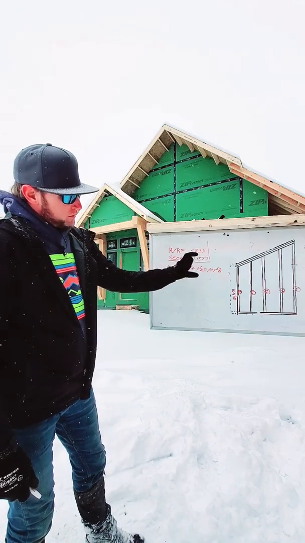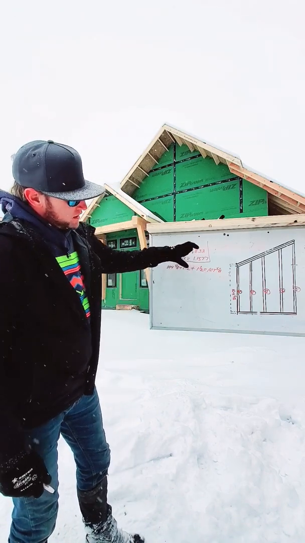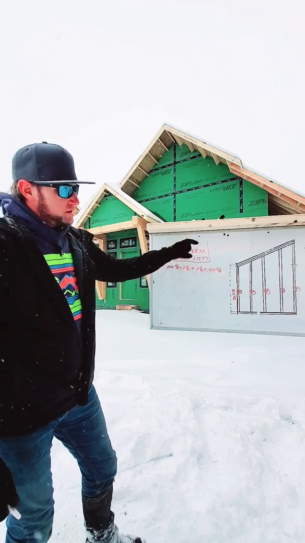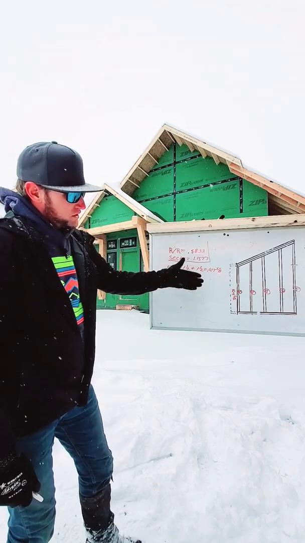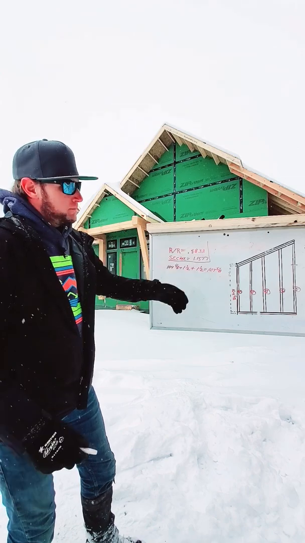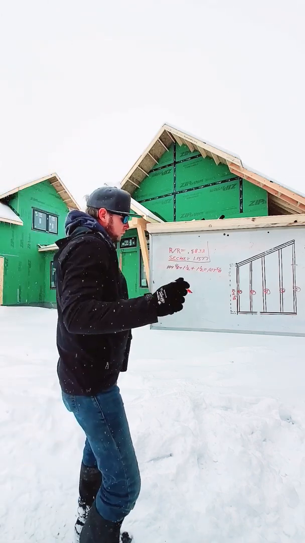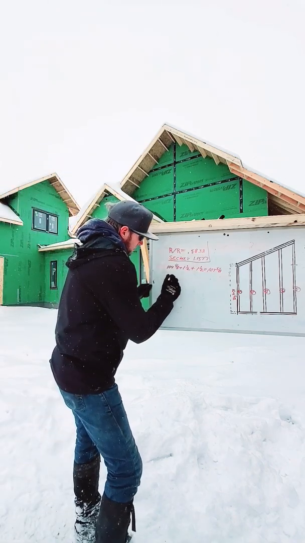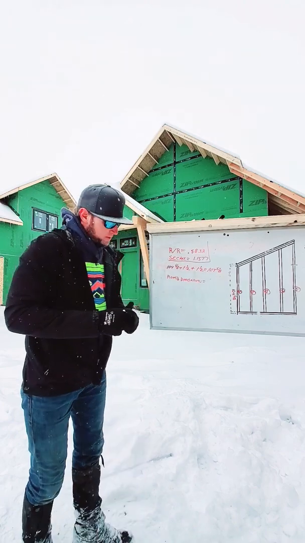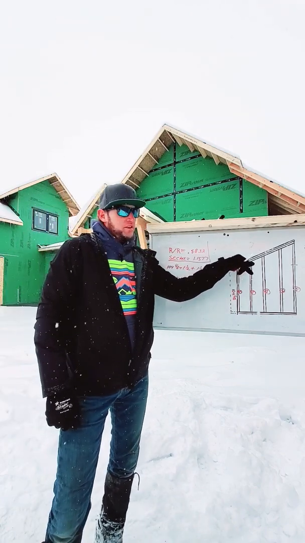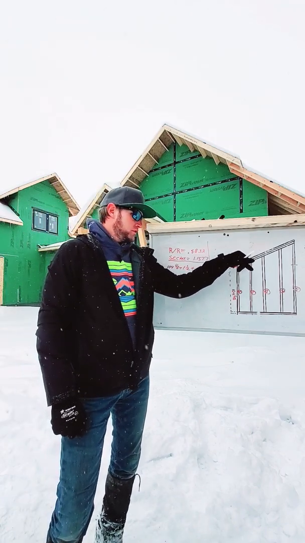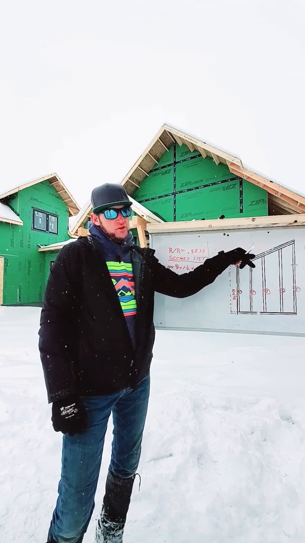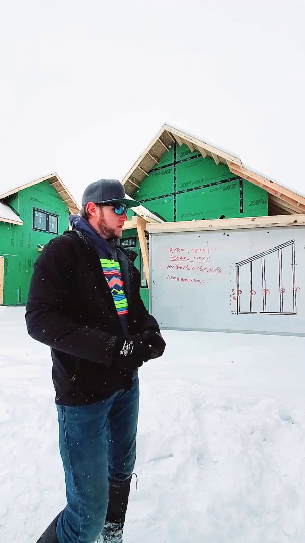But when that plate is turned at a 7/12, it doesn't measure 3 inches anymore when it's measured plumb. We call that the plumb dimension. To calculate the plumb dimension, I take the actual thickness of the material. So in this case, it's 1.5 plus 1.5, so it's 3 inches.